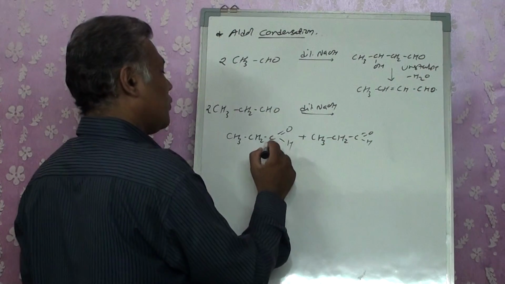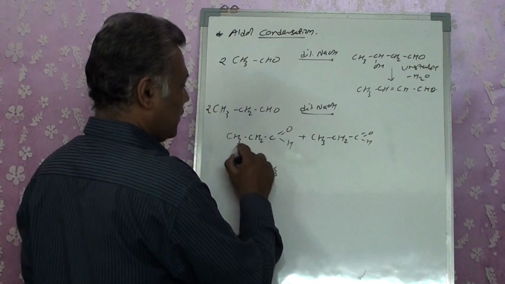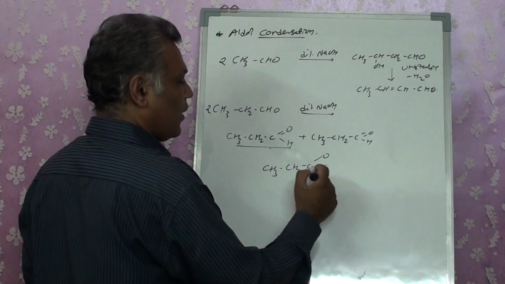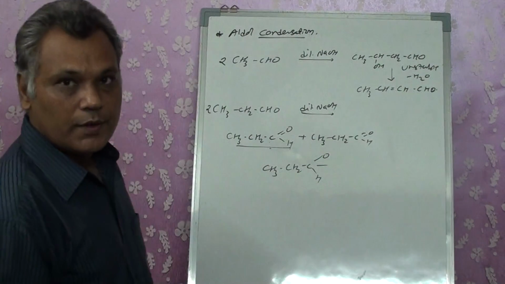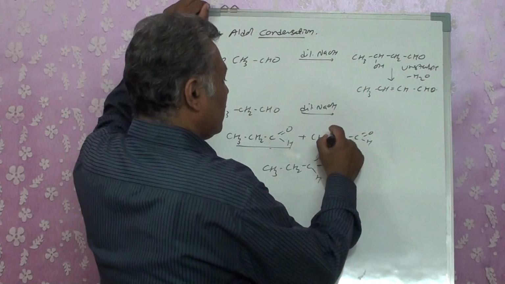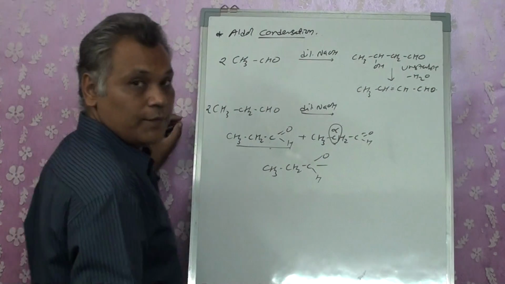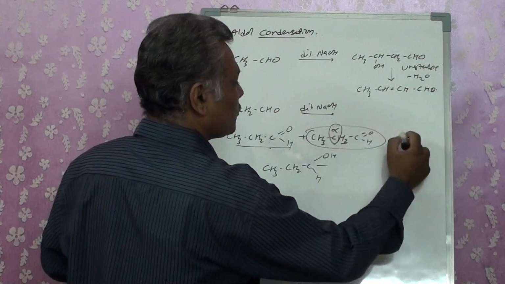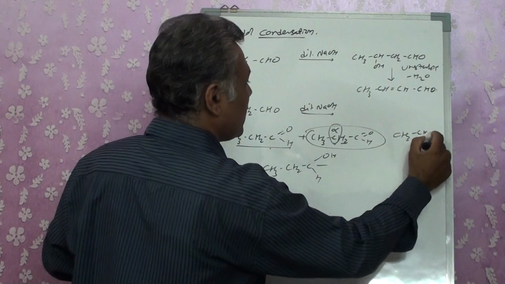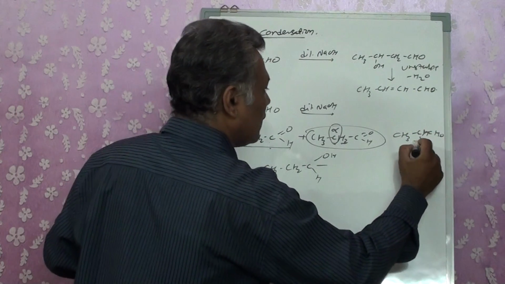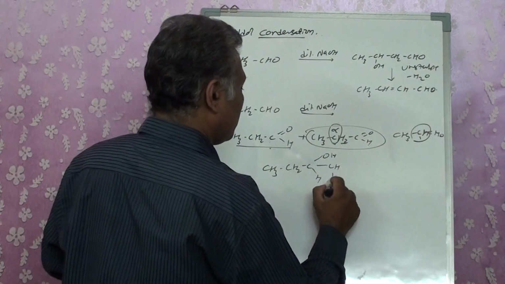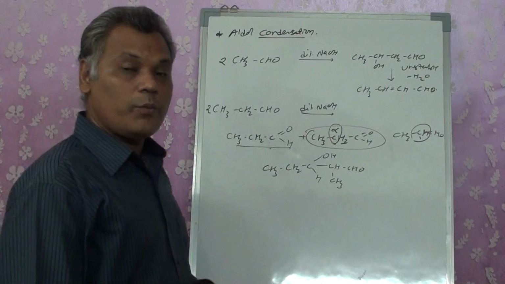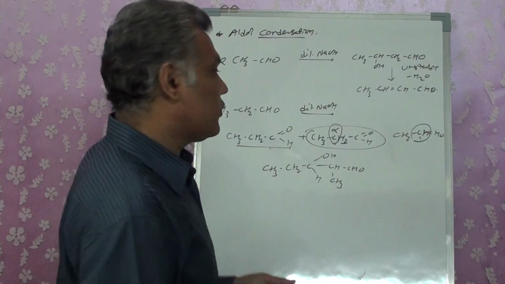This one is going to dissociate as CH3CH2C, valence free, H. In this component, this is going to be your alpha carbon, so it is going to lose its hydrogen. What is left out from this component is CH3CH, and this carbon is going to attach with it. So that is what you have to remember: only the alpha carbon should lose its hydrogen.